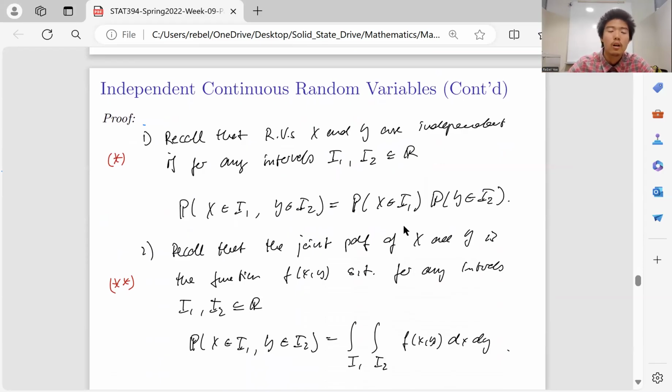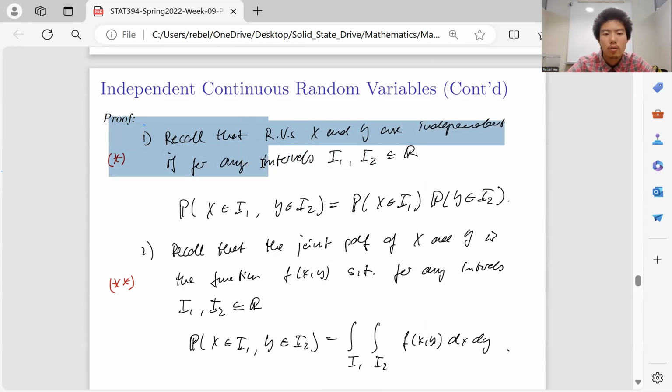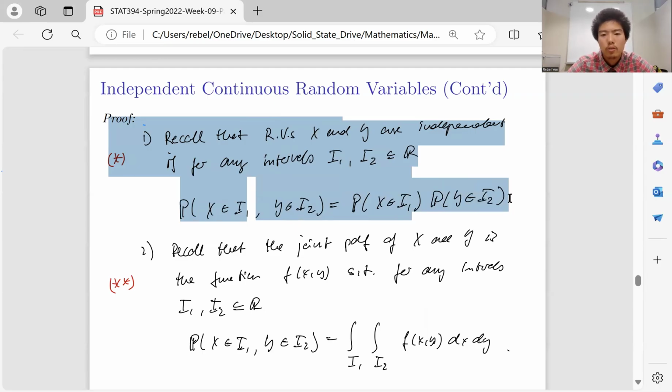In the first case we can use some knowledge that we already have, for simple random cases: if X and Y are independent, then for all intervals I1, I2, the probability that both are satisfied is equal to the product of the probabilities.